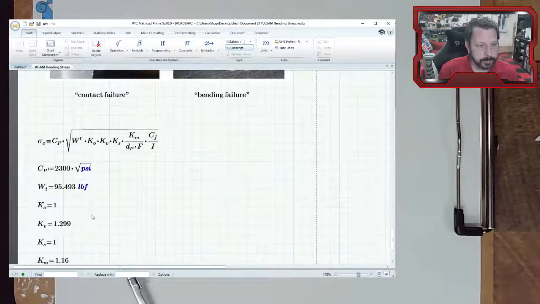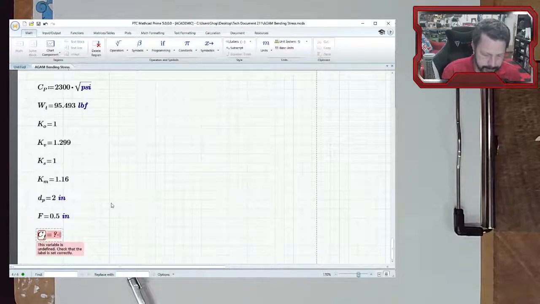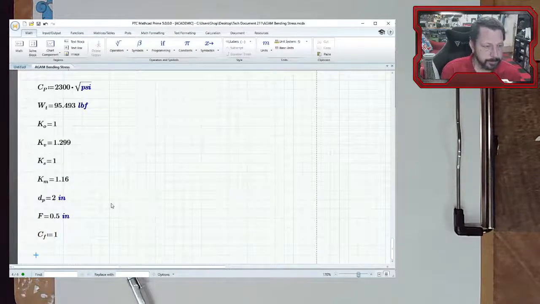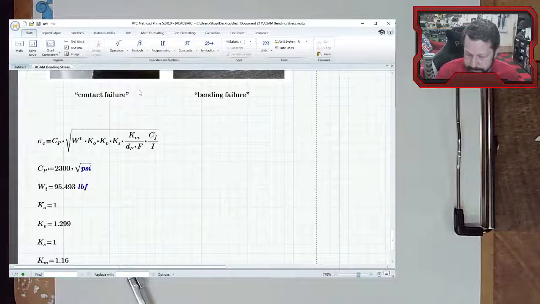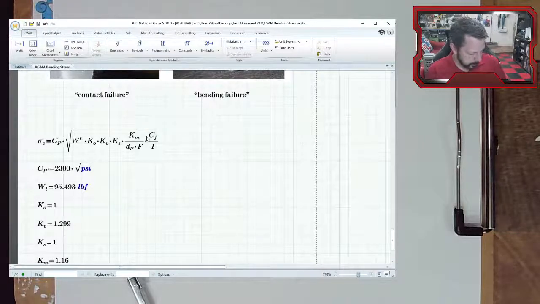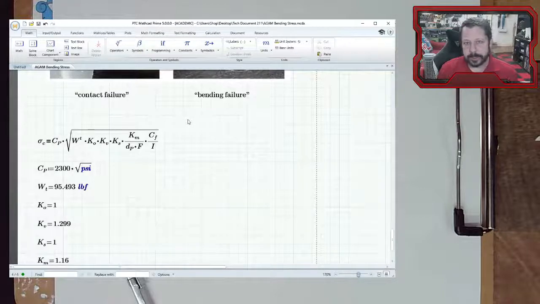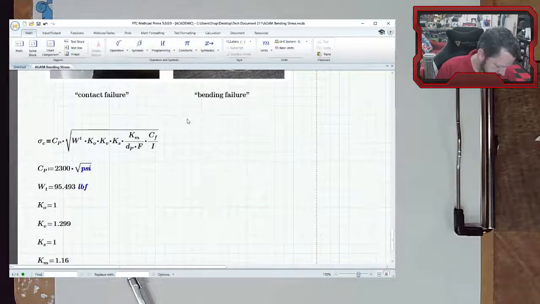Did I use a capital F? No, lowercase f. Well, we need to tell it it's 1, not ask it what it is. And then the only other value in here is I. This one is sort of similar to the geometry factor J that we had. J we looked in a chart and calculated.